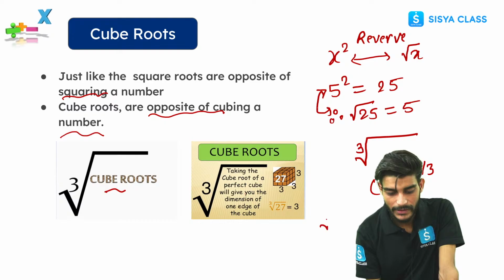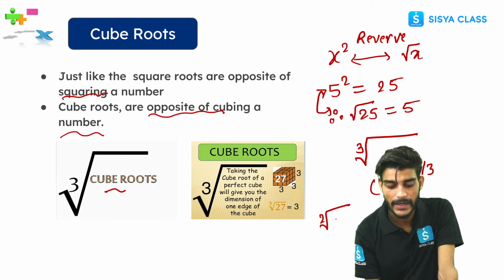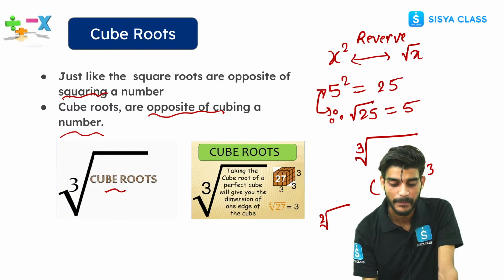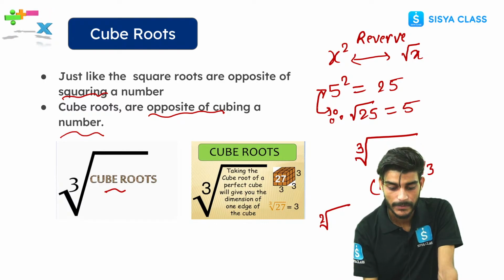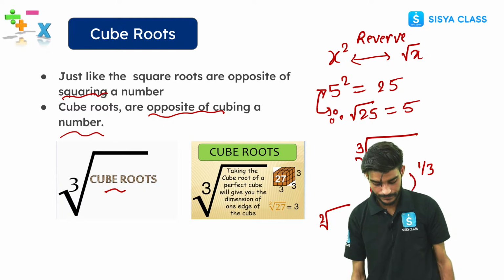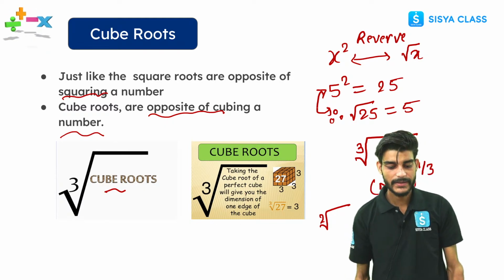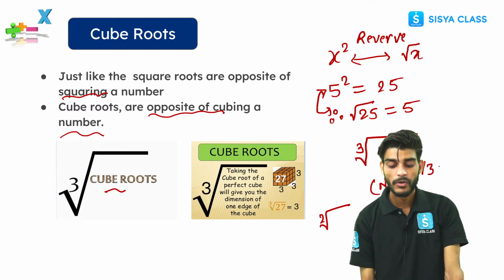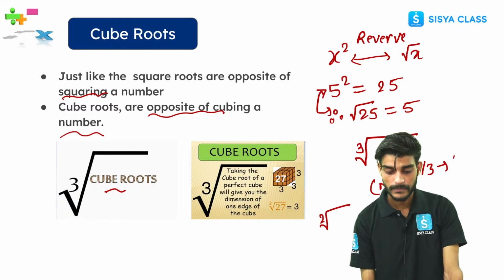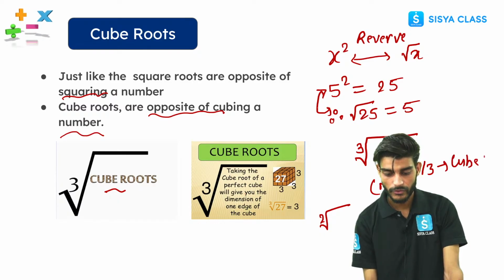For square root it was this sign, and the number to the power 1 by 2. In the bracket you have to write the number, and the power you give is 1 by 3 for cube root and 1 by 2 for square root. Clear?